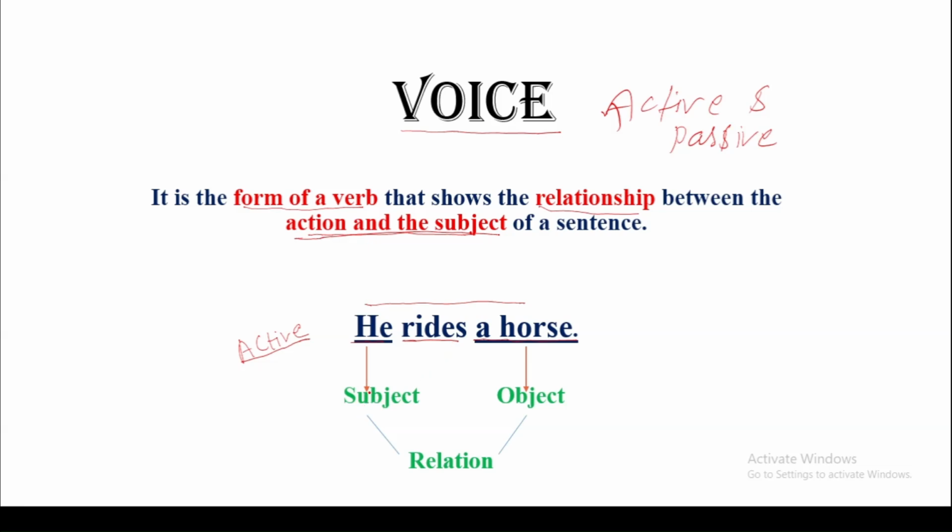Only this form of verb, rides, represents the relation between the subject and the object. So, this relation between subject and object can be regarded as voice. This is the general concept of voice.